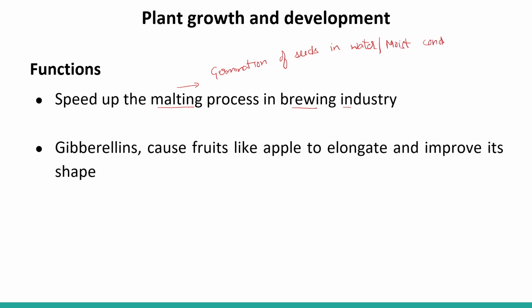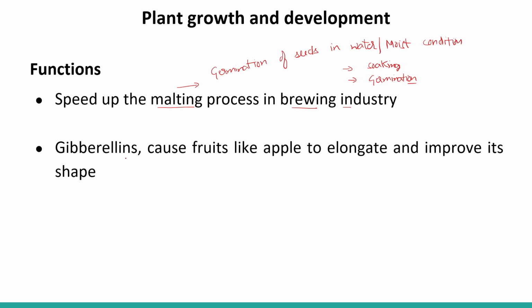Malting involves first soaking of the seeds in water, and second, the germination or sprouting of the seed.